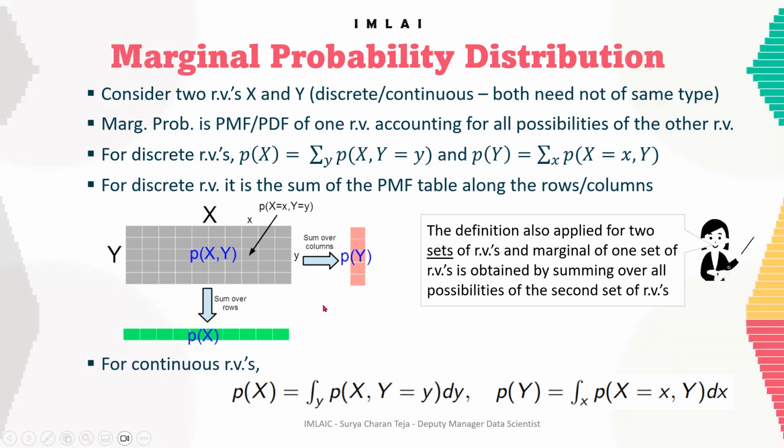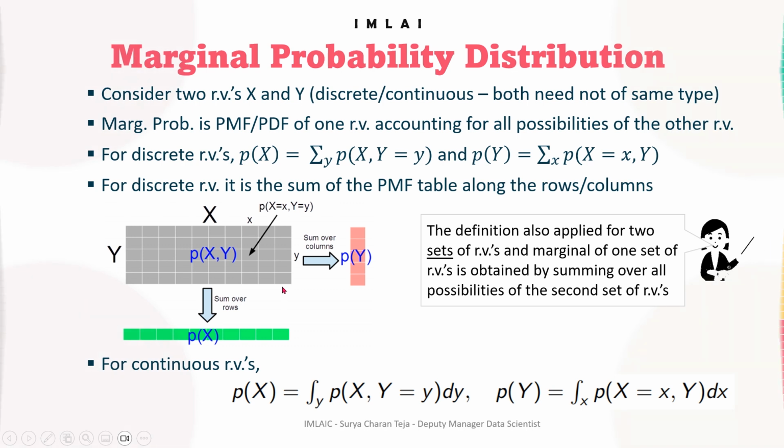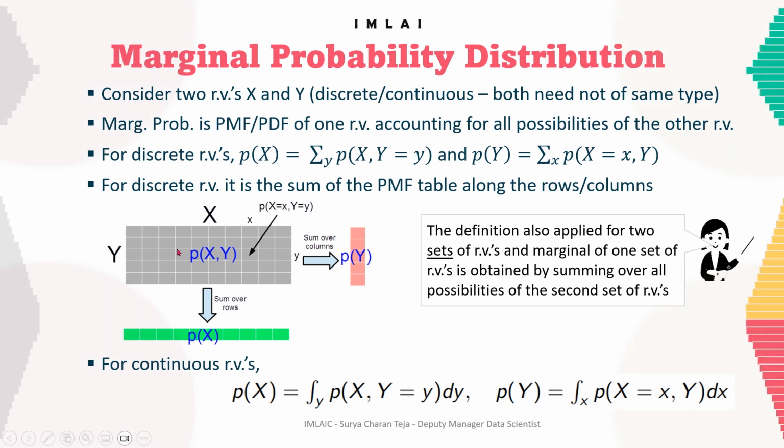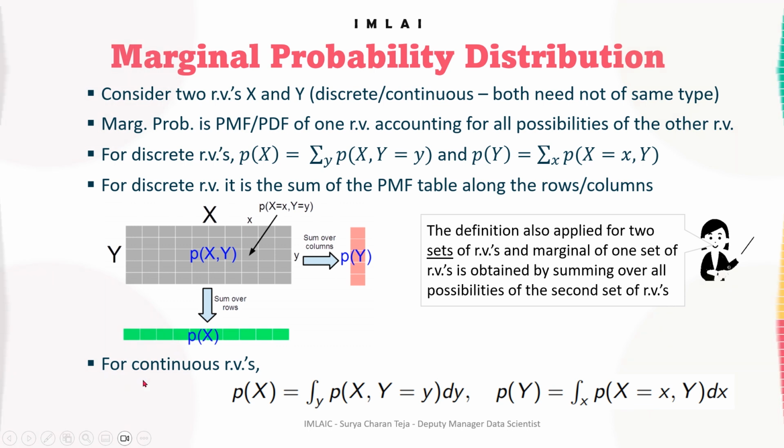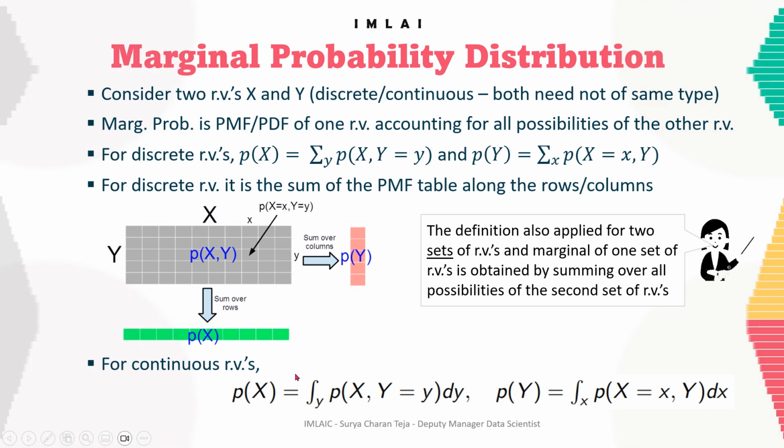The definition also applies to two sets of random variables, and the marginal of one set is obtained by summing over all possibilities of the second set. Similarly, for continuous random variables, I need to go for integration. Here I don't need a double integration, just a single integration, but the limits change and the integration is done over the other variable.